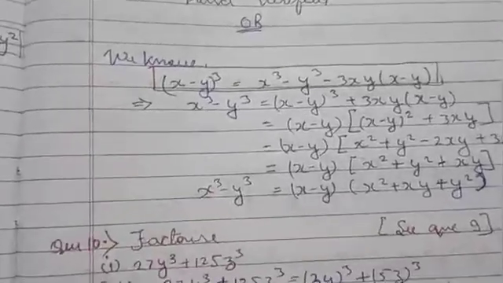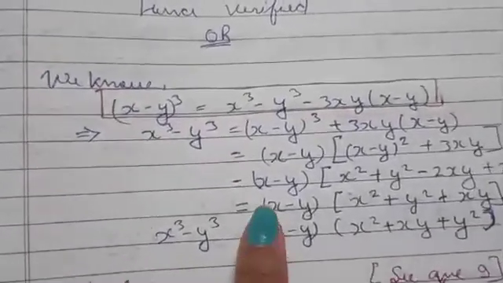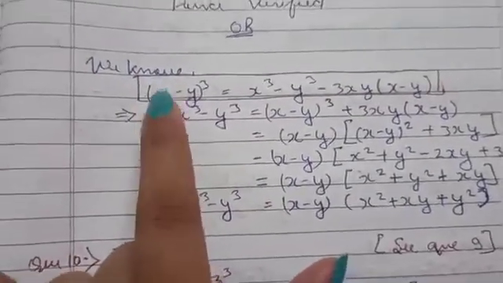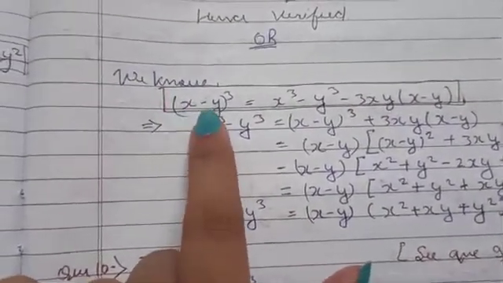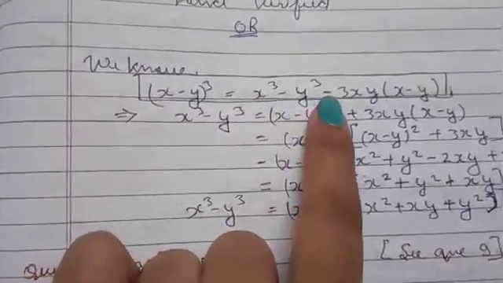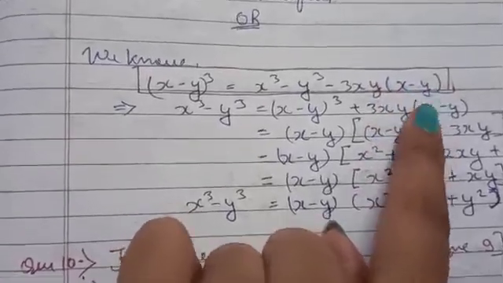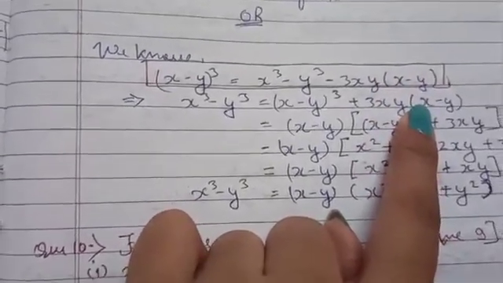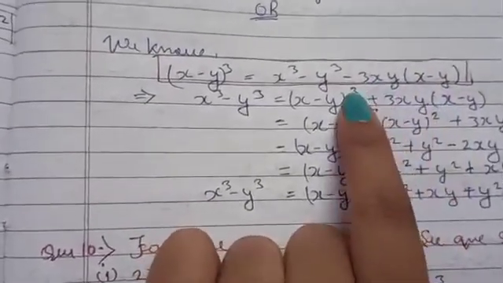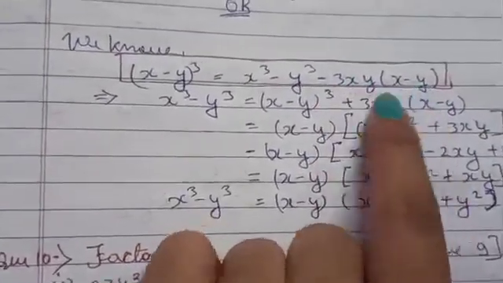Now with one more method we can solve it, okay, using the identity. See what we have. We have the identity x minus y whole cube is equals to x cube minus y cube minus 3xy in bracket x minus y. Yes or no? Now if we transpose this term, this is a separate term. Here we have three terms.